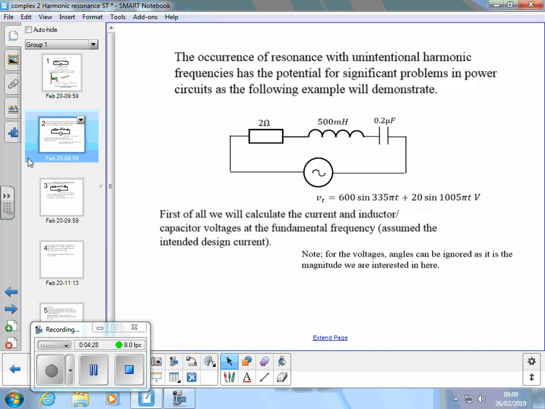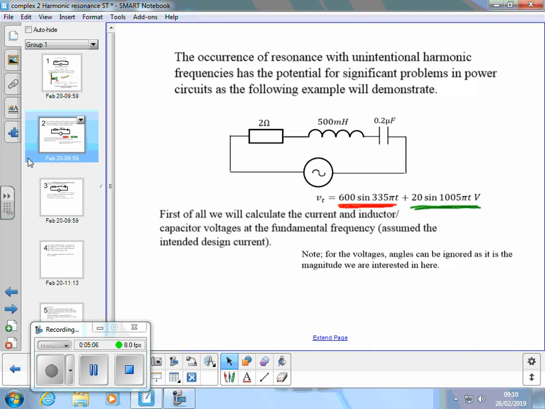First of all, what you're going to do is calculate the current and the inductor and capacitor voltages at the fundamental frequency. We're assuming that that's what the circuit's been designed for. So it's been designed to take this voltage, 600 sine 335 pi t, but there is an undesired 20 volts of third harmonic distortion.